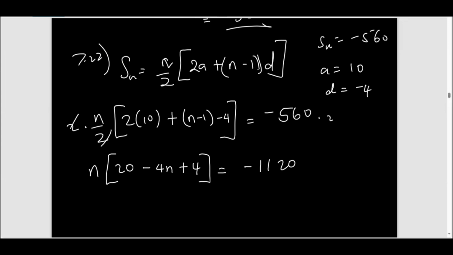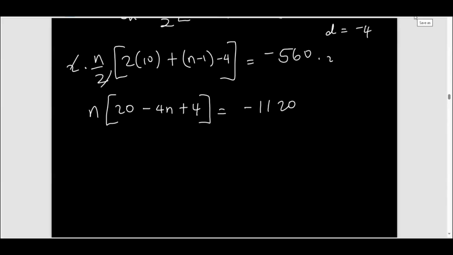Then, we know that 20 plus 4 is going to give us 24, but multiplied by n, so I'll have 24n. And then the n multiplied by negative 4n, that's going to be negative 4n squared, is equal to negative 1120. So let me create a standard equation.